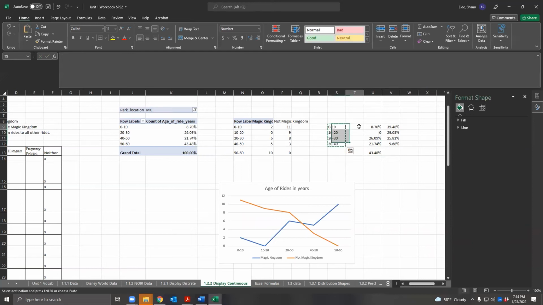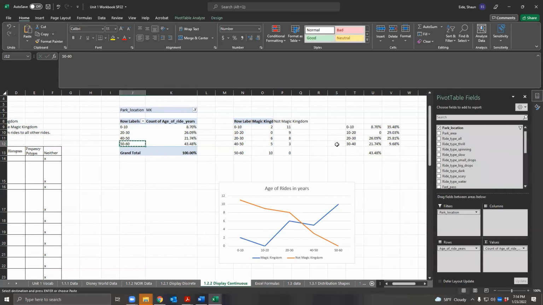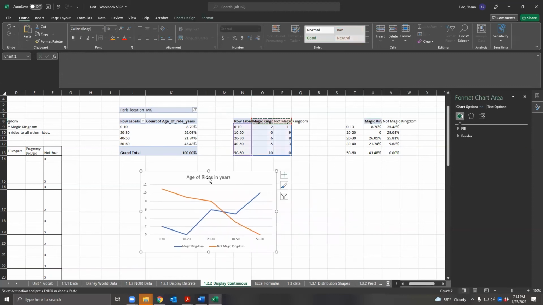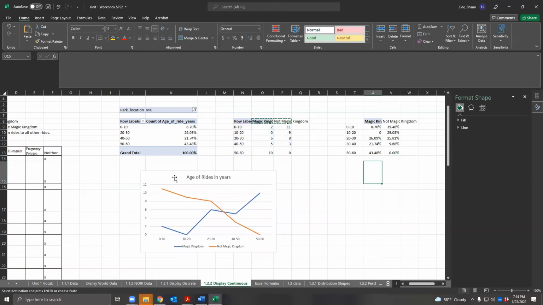And so we're going to do it like this. And then see, and 0. And so same thing right here. And so you've got a frequency polygon. And then you've got a relative.